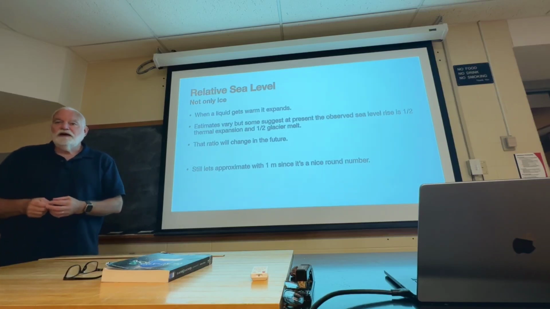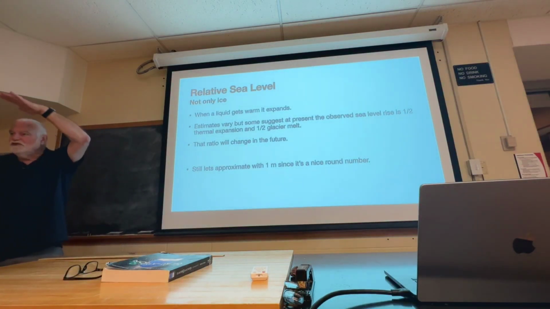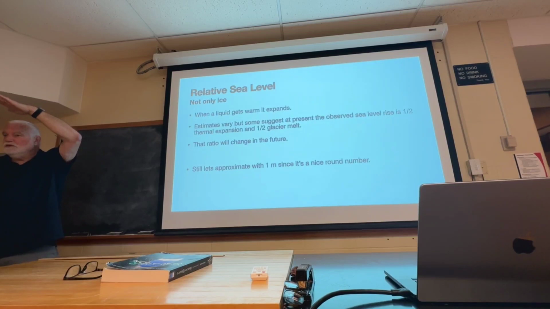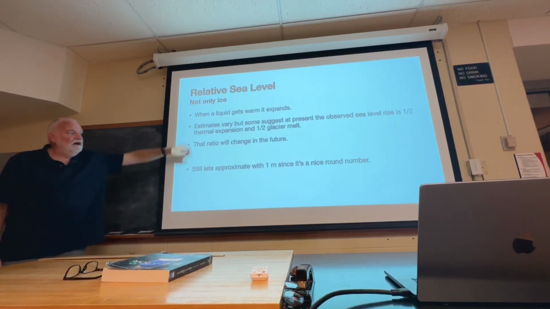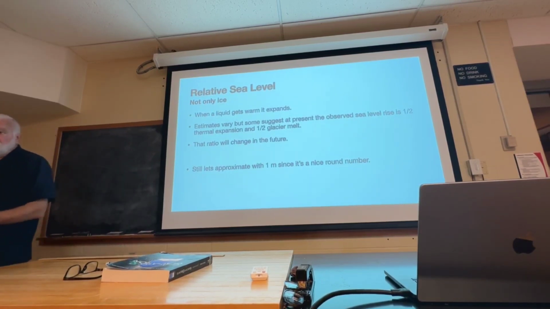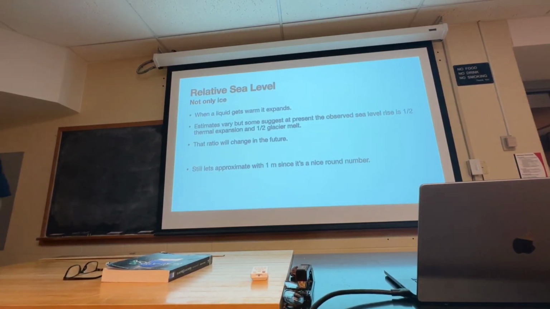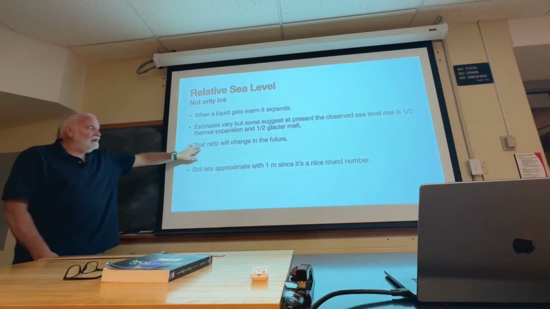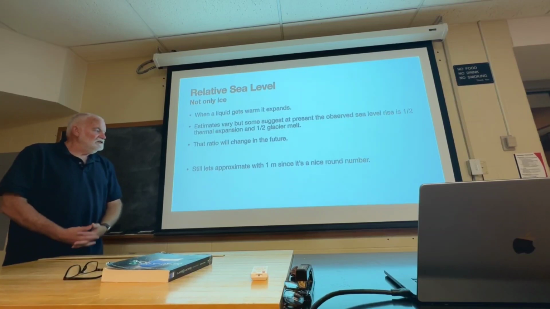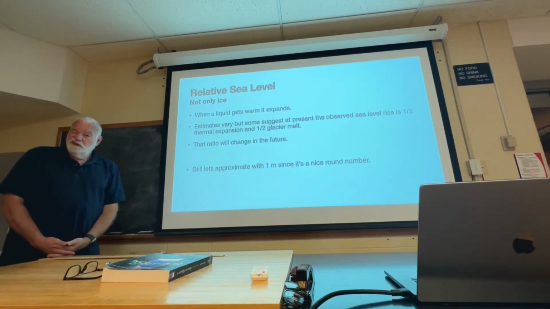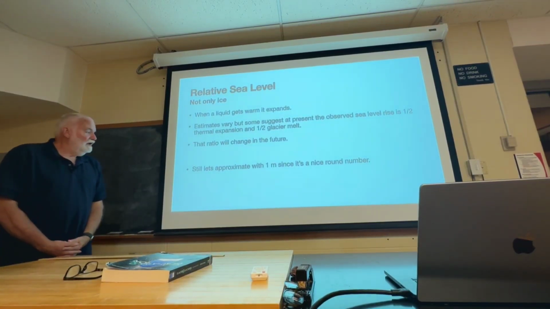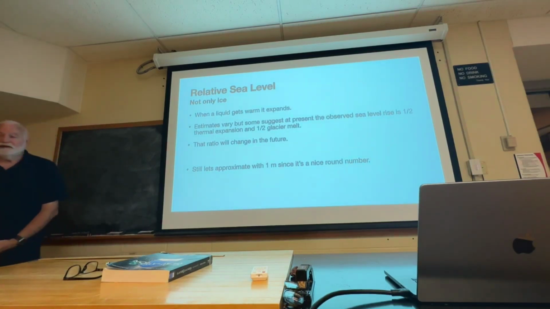So you've got thousands of meters in the ocean, and you don't have to expand them much to get 1 meter. So the rule of thumb is that the present-day observed sea level rise is about half thermal expansion and about half glacier melt. Ballpark figure. We could talk about that ratio changing in the future because of more melt. So we're back to the 1 meter.